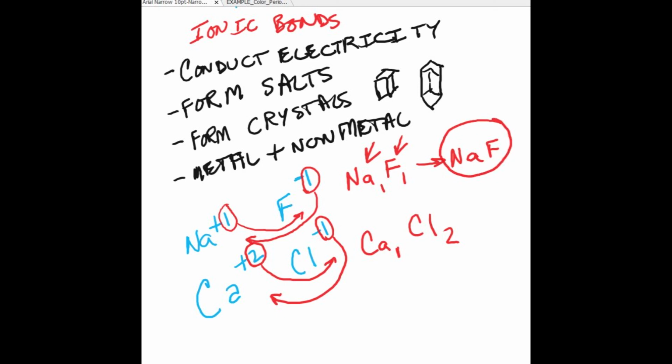Not today, though. So, for the other one, we have 1 piece of calcium needed here to combine with 2 pieces of chlorine to give us calcium chloride. We don't write the 1s as subscripts.